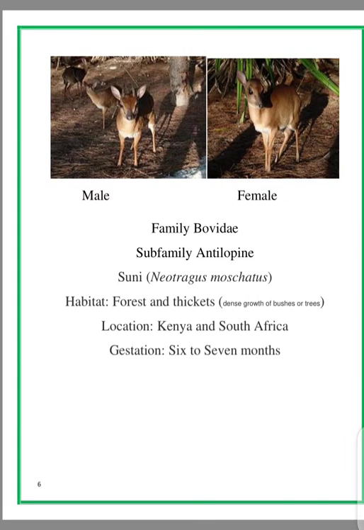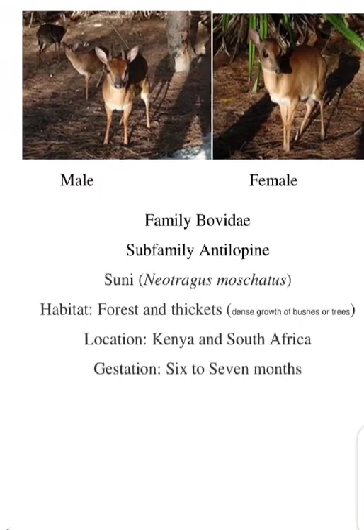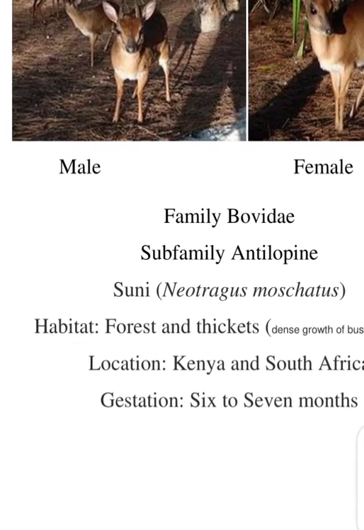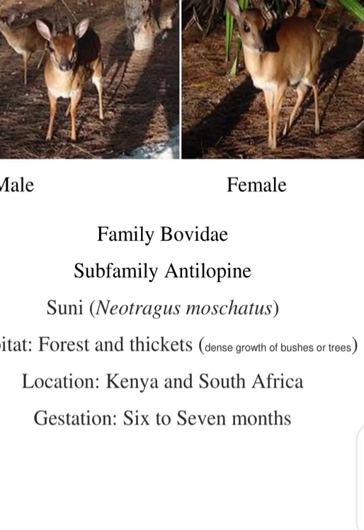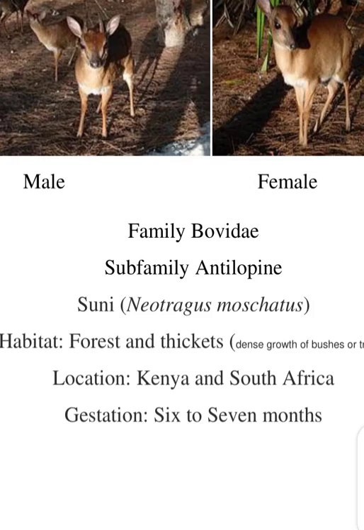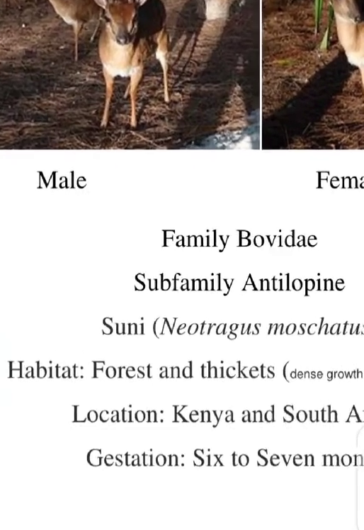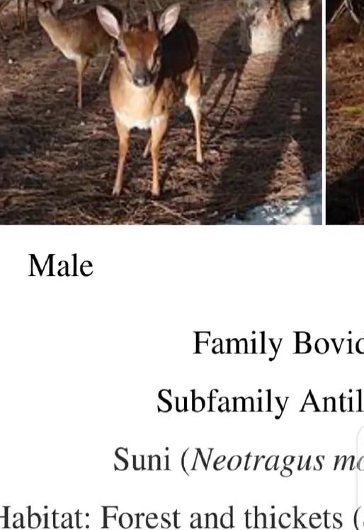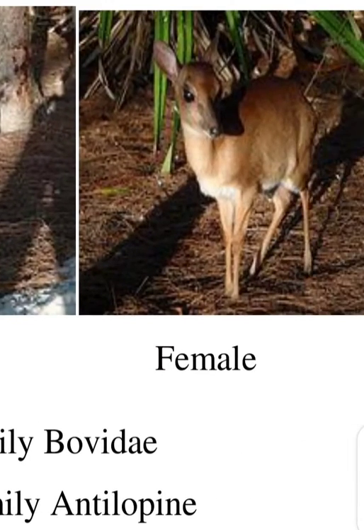Then there is the suni, which is known as Neotragus moschatus. It is basically a forest and thicket animal, a thicket being a dense growing bush or trees habitat. It's found in Kenya and South Africa with a 6 to 7 month gestation period. Let's look closer. You see the male has a horn, but the female does not have a horn.